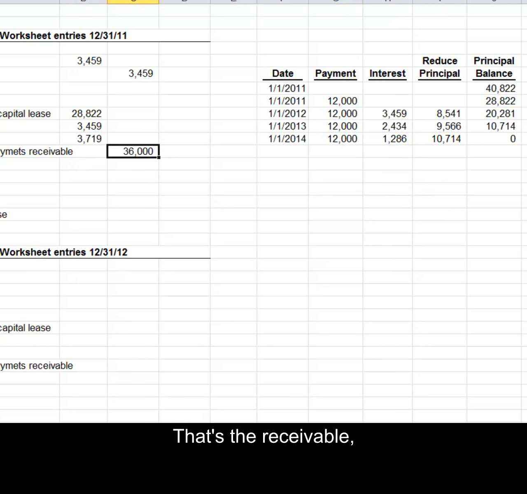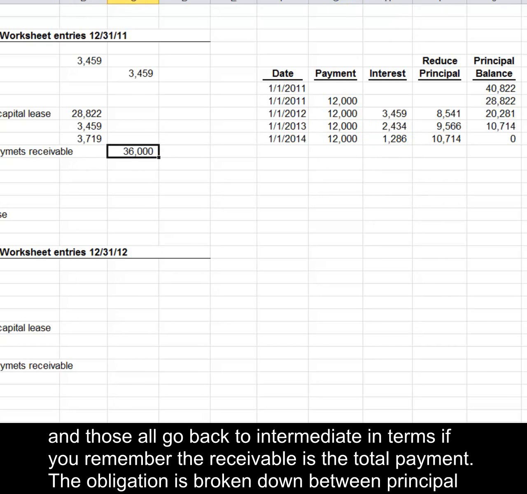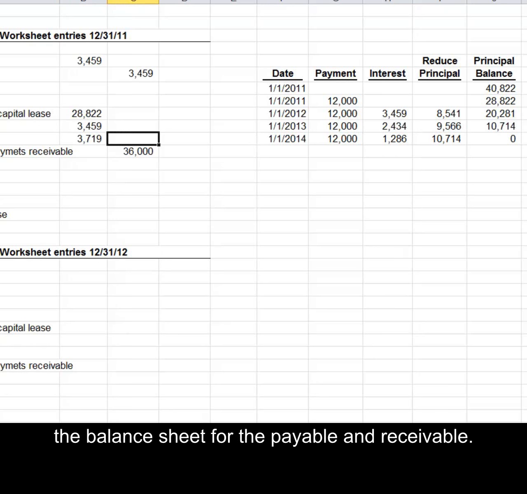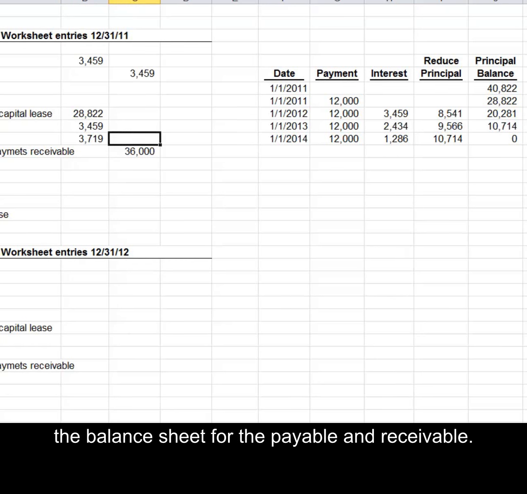That's the receivable. And those all go back to intermediate in terms, if you remember, the receivable is the total payment, the obligation is broken down between principal and interest. So that's just taking the receivable and payable off the books in essence. So we have adjusted for the revenue and expense of interest, the balance sheet for the payable and the receivable.